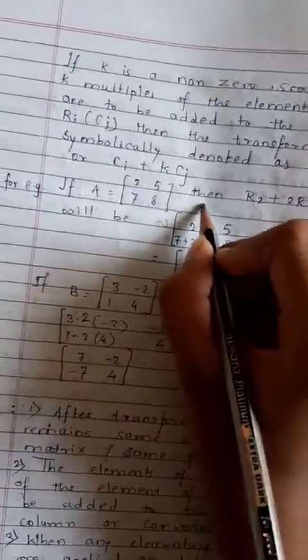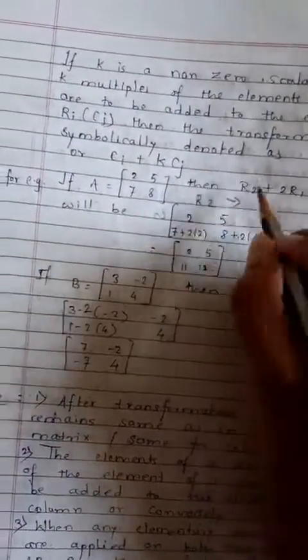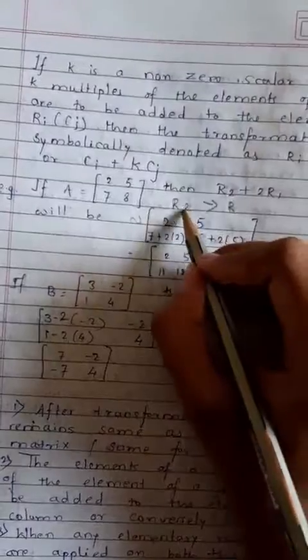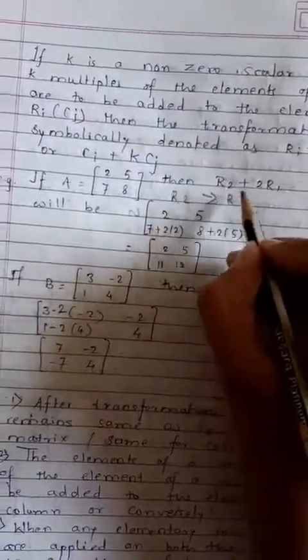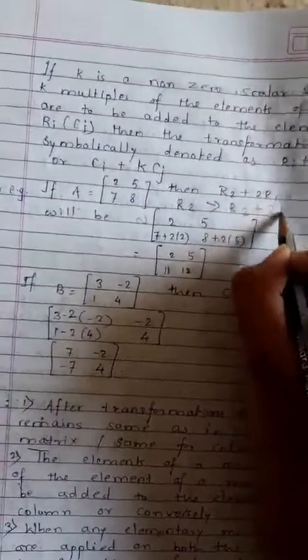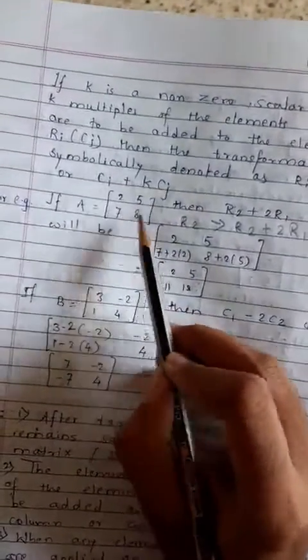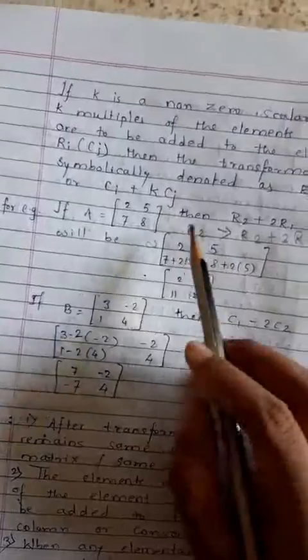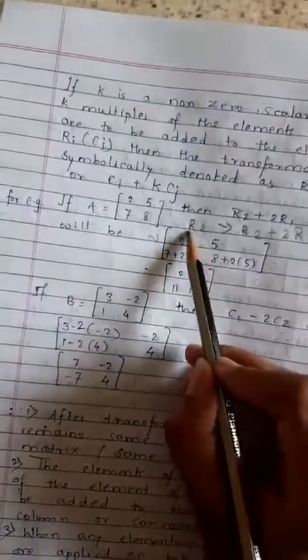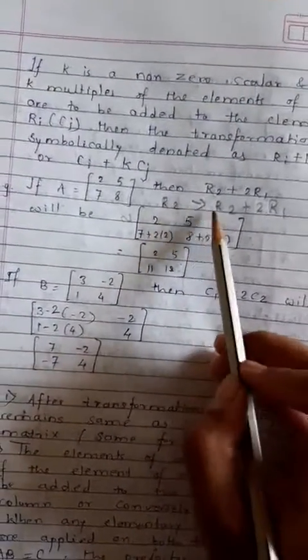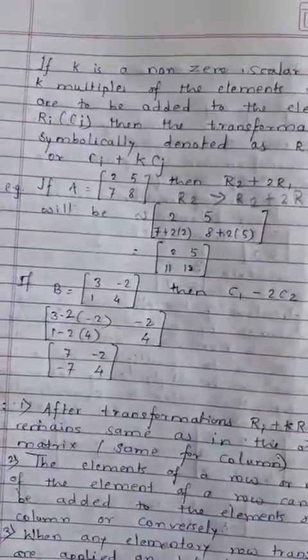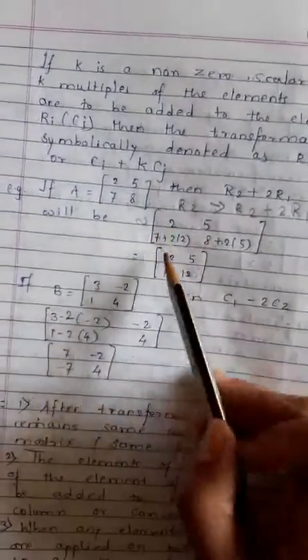So you can write it like this: we are operating on R2, that is why R2 here, R2 plus 2R1. Now this R2 will be as it is, now 2R1, okay.